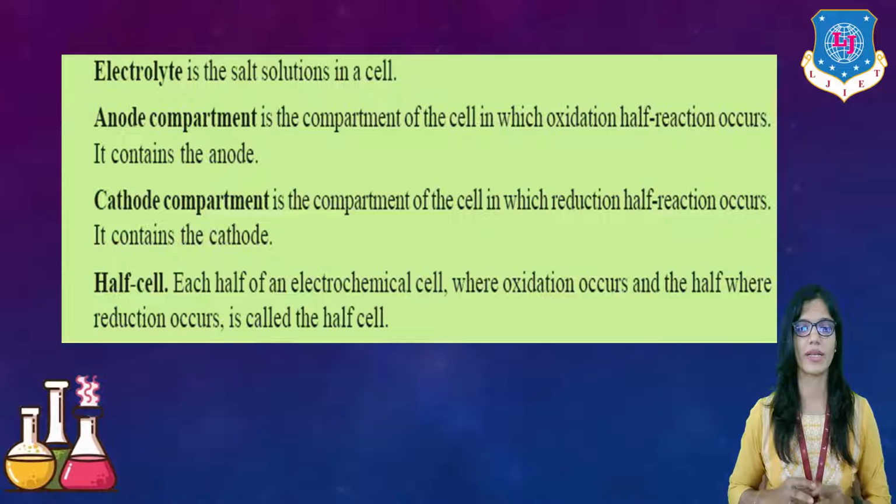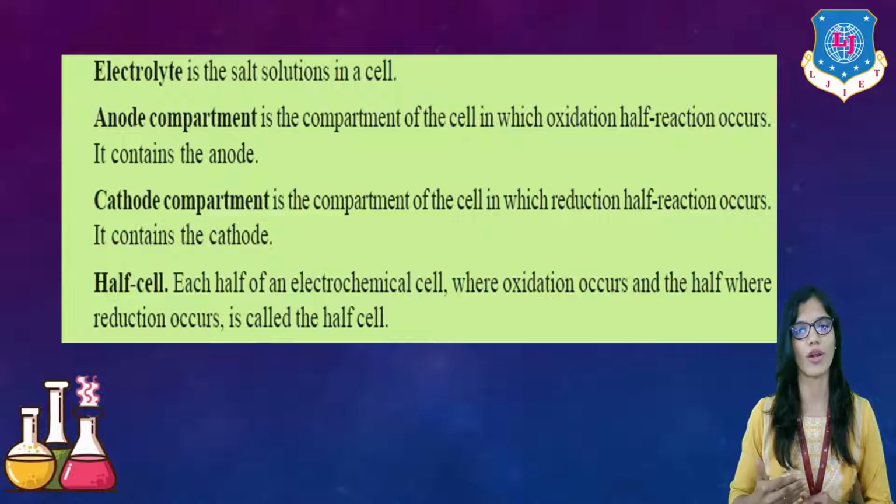Anode compartment is the compartment of the cell in which the oxidation half reaction occurs, and it contains the anode. The anode is in contact with the electrolyte. Cathode compartment is the compartment of the cell in which the reduction half-cell reaction occurs, and it contains the cathode. Right?